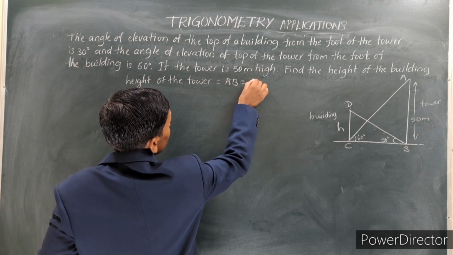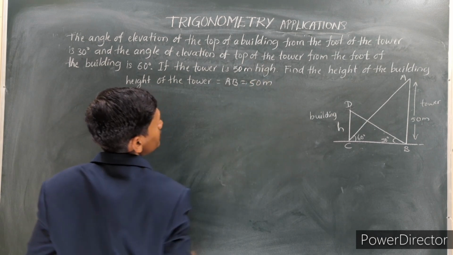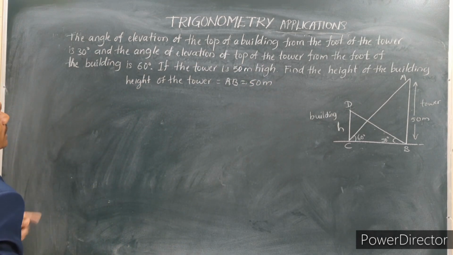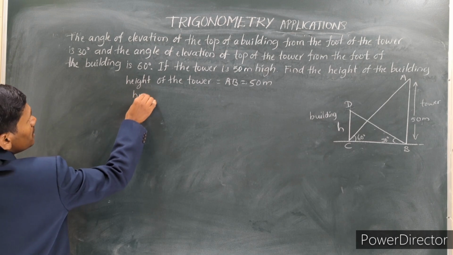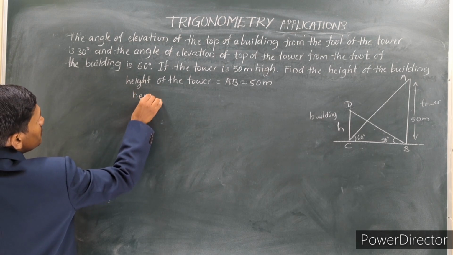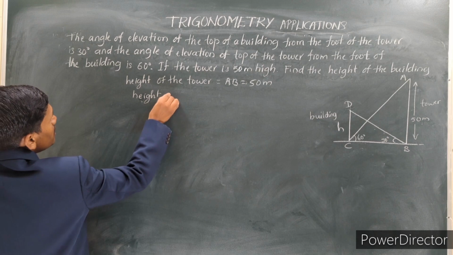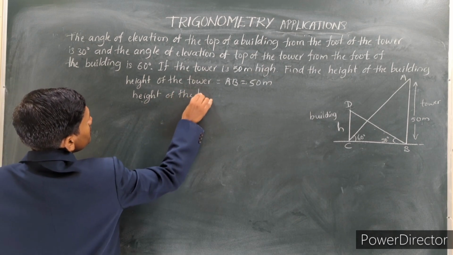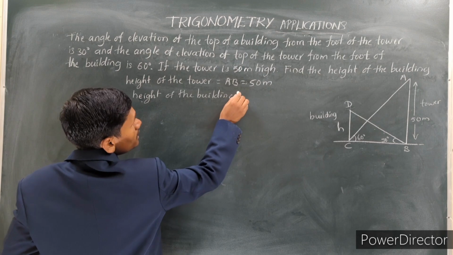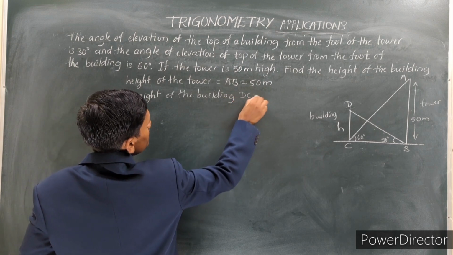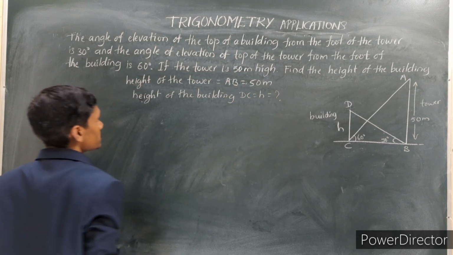AB is equal to 50 meters. Next, what is the height of the building they are asking? Building, that is DC, is equal to h, which they are asking.